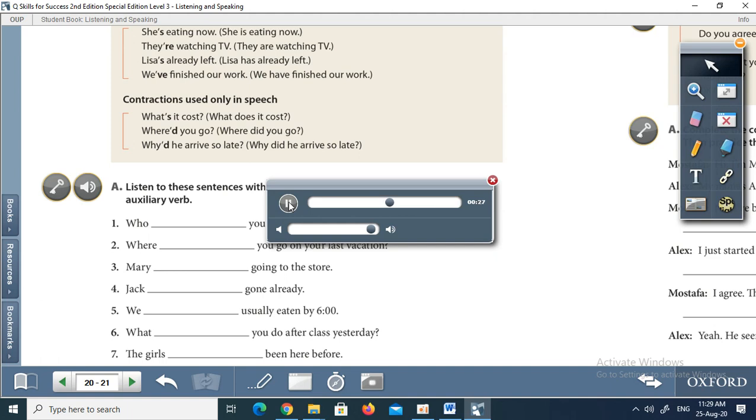Jack's gone already. 5. We've usually eaten by 6 o'clock. 6. What'd you do after class yesterday? 7. The girls have been here before.